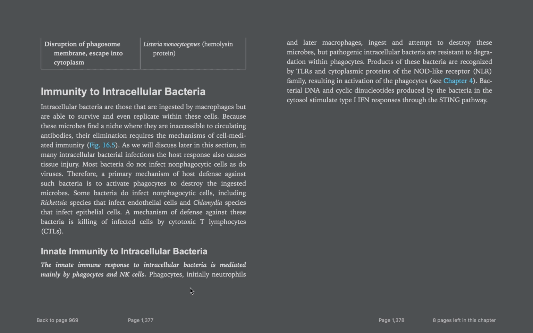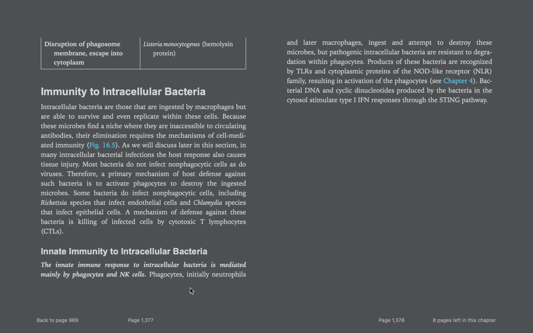Innate immunity to intracellular bacteria. The innate immune response to intracellular bacteria is mediated mainly by phagocytes and natural killer cells. Phagocytes, initially neutrophils and later macrophages, ingest and attempt to destroy these microbes, but pathogenic intracellular bacteria are resistant to degradation within phagocytes.